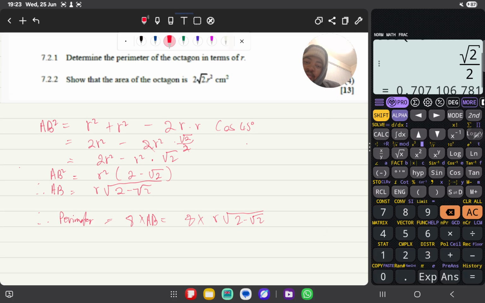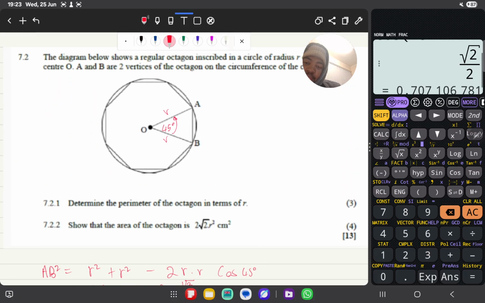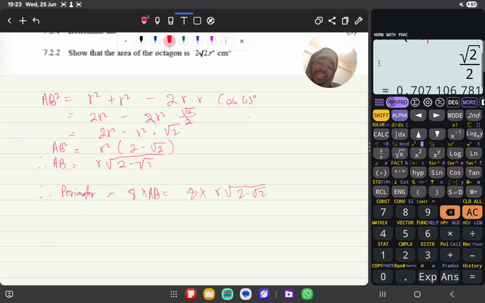As for the area of the octagon, let's go back. I have the side, and I have my two adjacent sides. I'm calculating in terms of r as well. I have these two adjacent sides forming an angle of 45 degrees. I can use the area rule to find the area of triangle AOB and then multiply that by 8, because remember we have 8 identical triangles.